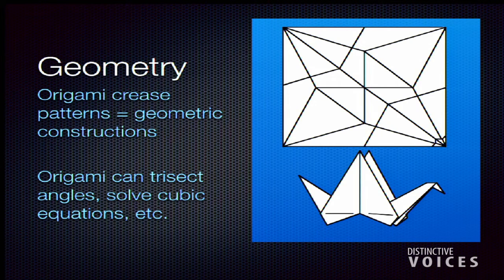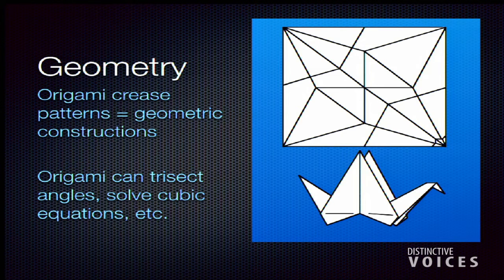When you learn about straight edge and compass, there are certain things that straight edge and compass can't do, like trisect angles or double cubes. There's a couple of classic Greek geometry problems that stymied the ancient Greeks because it didn't seem like straight edge and compass could do them.